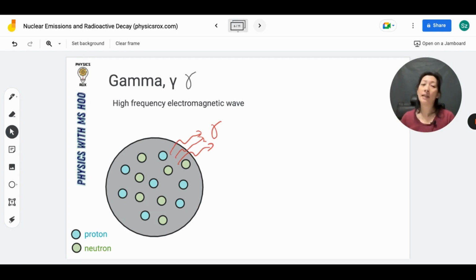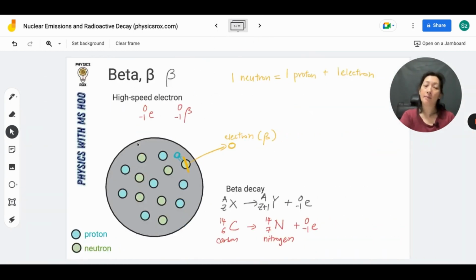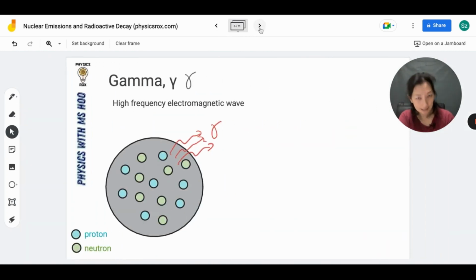Gamma rays normally accompany the release of alpha or beta. That means as a radioisotope is releasing alpha, it may also release gamma at the same time. Or if it's releasing beta, it may also release gamma at the same time. So normally, gamma radiation accompanies alpha or beta emission.